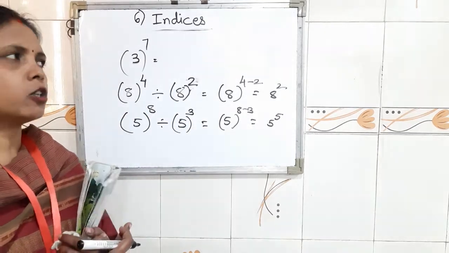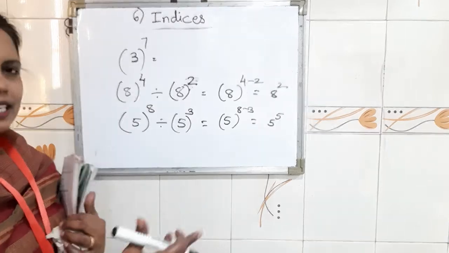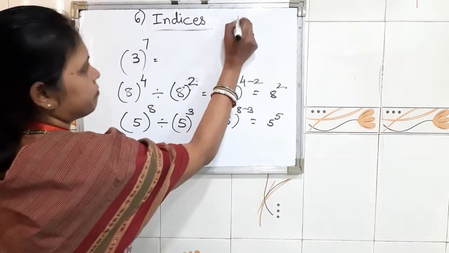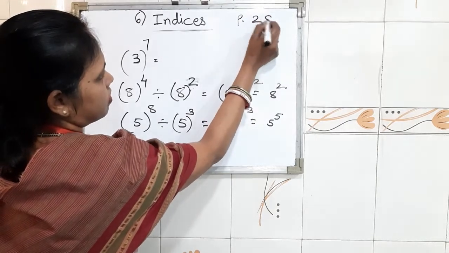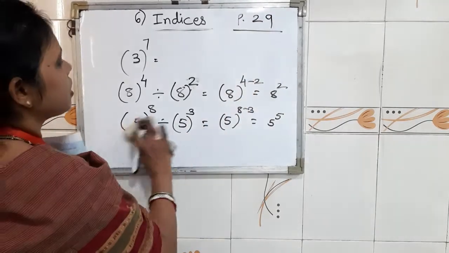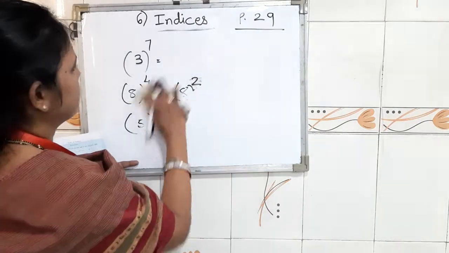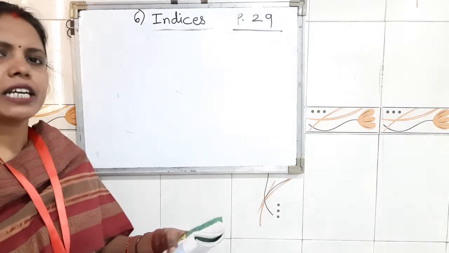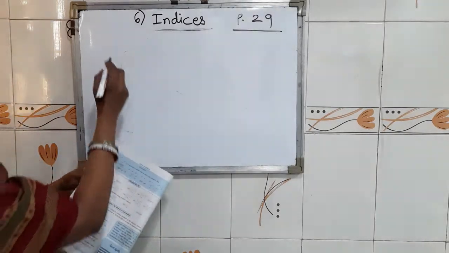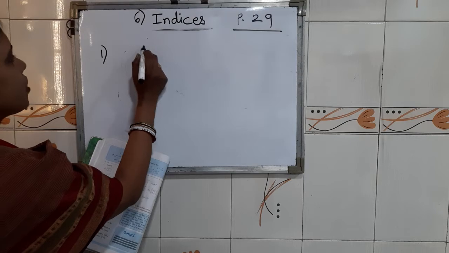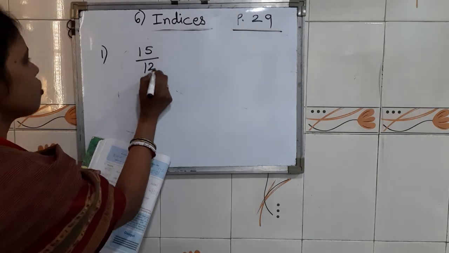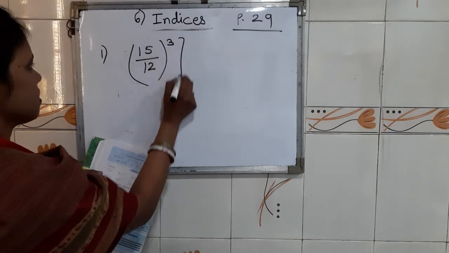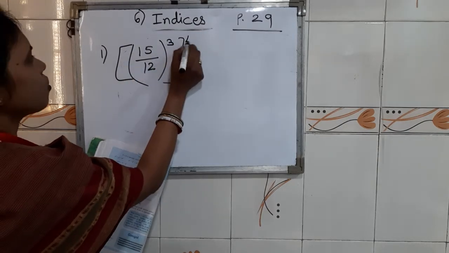We are going to continue with our next practice set, that is exercise 29. Practice set 29, question number first, 15 upon 12, raised to 3 and 4.